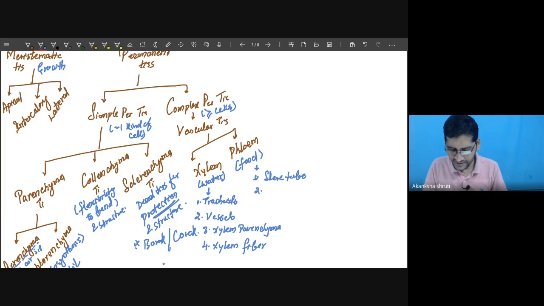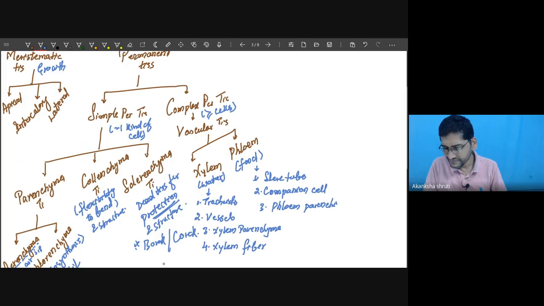Another one is called companion cell. The third one is phloem parenchyma. Like the parenchyma in xylem, there is phloem parenchyma. And the fourth one is your phloem fiber.